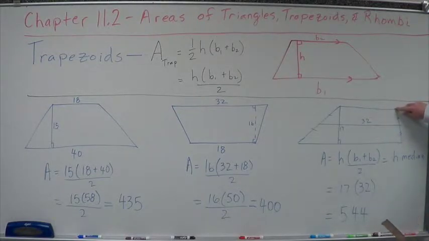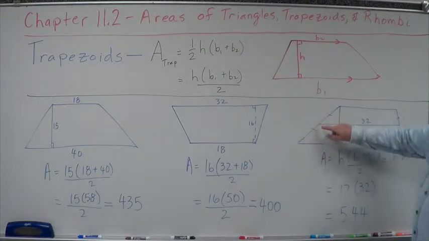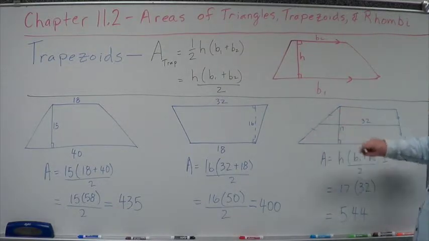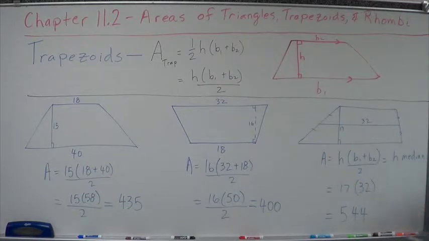And then what we've got here is they don't give us the bases. They give us what? What is that thing? Let me see. This equals this. This equals this. So this right there is the midpoint of this leg. This is the midpoint of this leg. A segment that connects the midpoints of the legs of a trapezoid is known as the what?